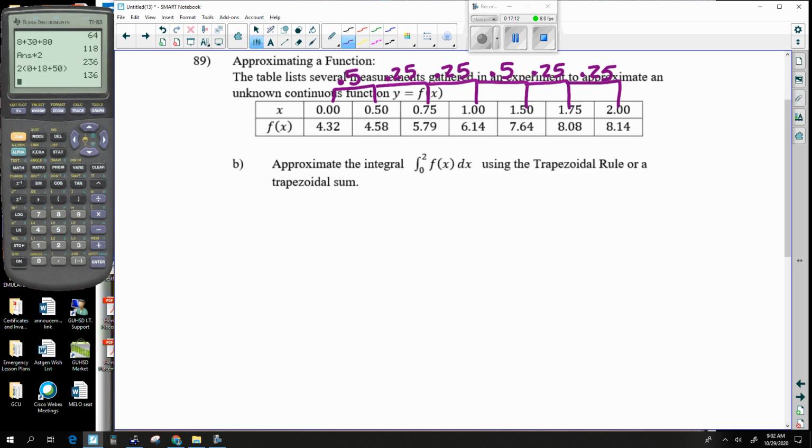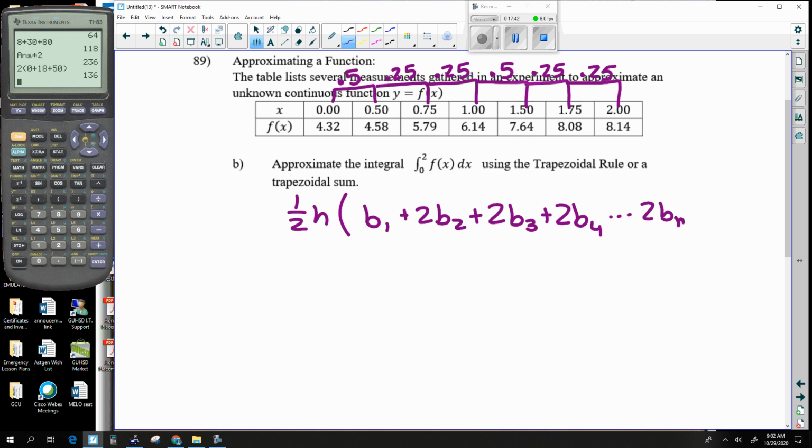So you can't drag out the entire thing and use the easy ways of doing it. Again, the easy way of doing it would be 1/2 height, and then it would be base 1 plus 2 base 2 plus 2 base 3 plus 2 base 4 and so on, plus 2 base n minus 1, plus just a singular base n, whatever the last one is.